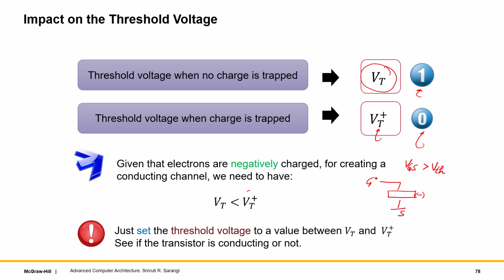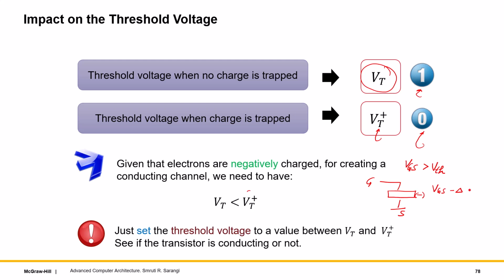In a sense, they virtually reduce the gate voltage with respect to the source voltage. So effectively, when charge is trapped, VGS does not remain VGS but is perceived as VGS minus a voltage delta, because the gate to source voltage is actually coming down, as I said, because we have electrons. So the effective gate to source voltage is lower.